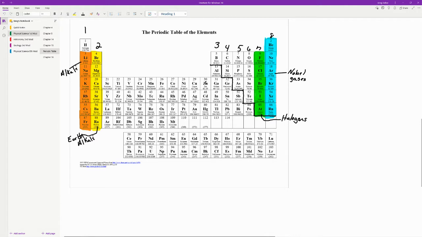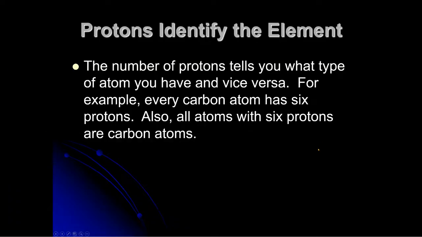But in these cases up in here, it's usually pretty close to the same. Oxygen has 8 protons and a mass of 16, so most of the time oxygen has 8 protons and 8 neutrons. When atoms have different numbers of neutrons, they're called isotopes, and we're going to take a look at that.